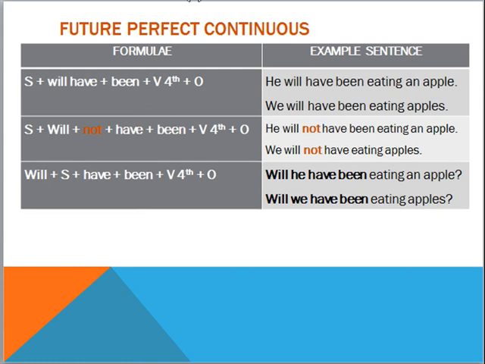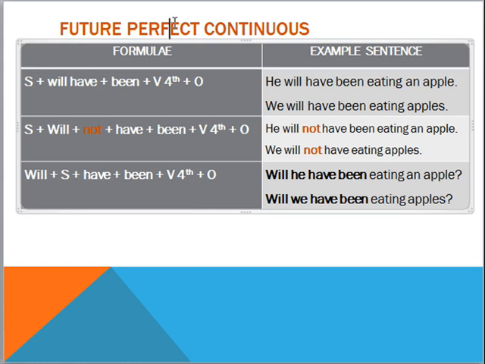And the last one is future perfect continuous, and the formula for that is: first subject, then will have, then been, then verb fourth form and object.